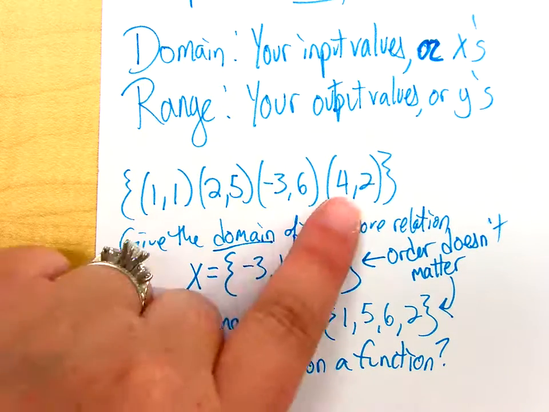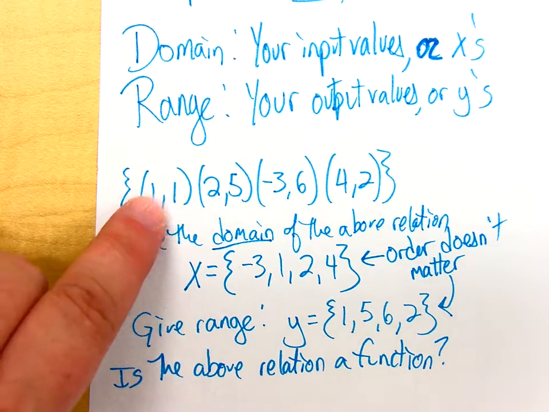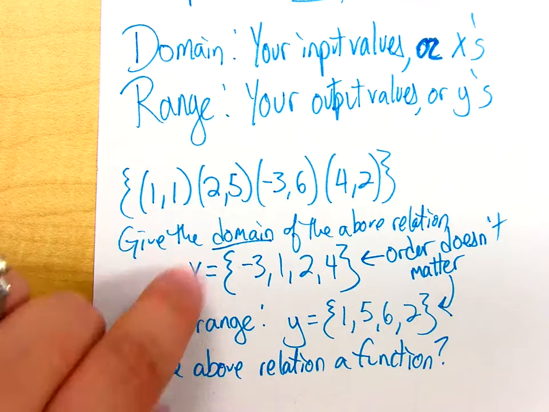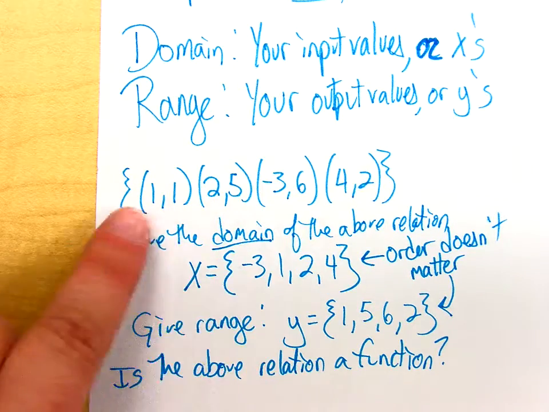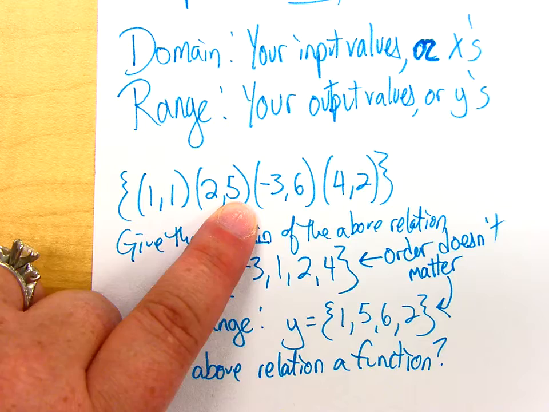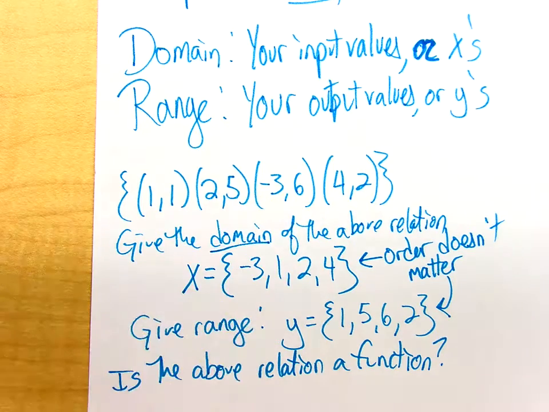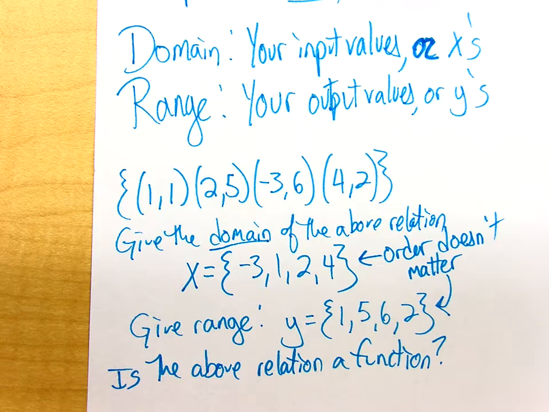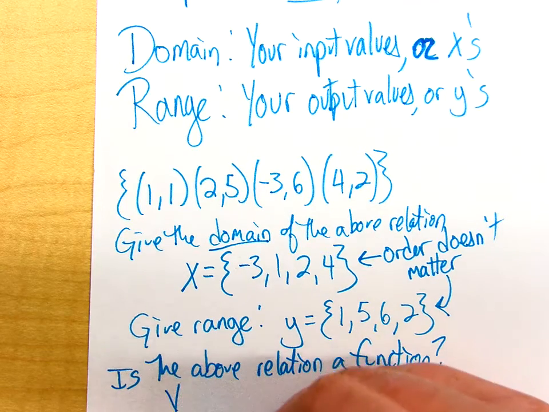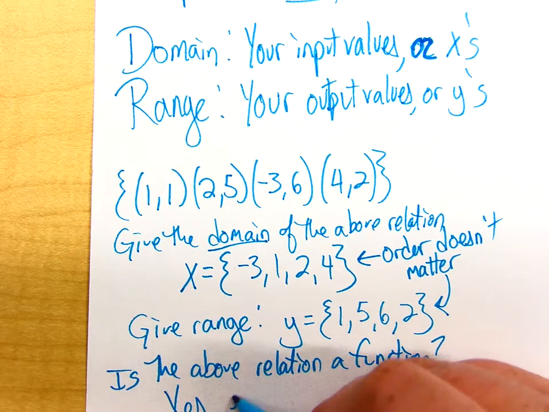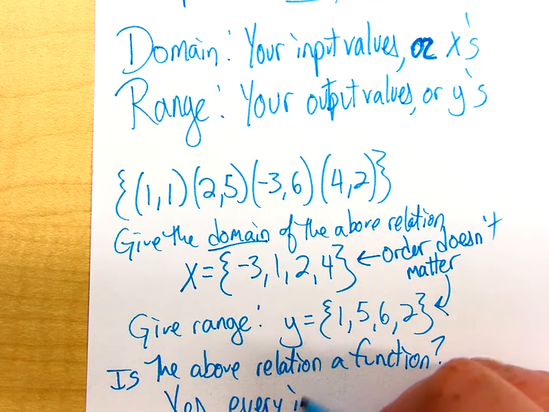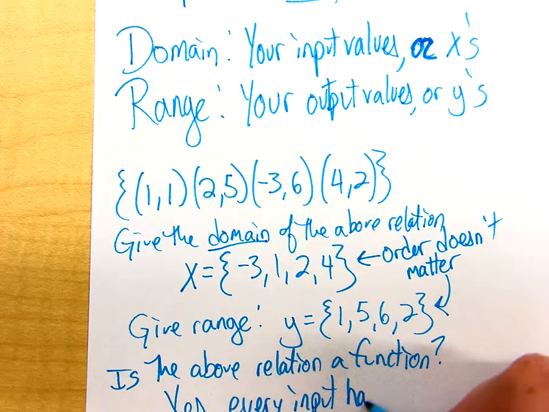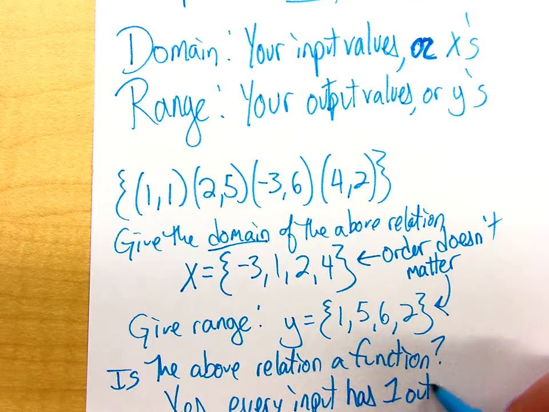I never plugged in 1 again, so when I put in 1, I only got one answer back out. When I plugged in 2, I only got one answer out. I got out 5. When I plugged in -3, I only got one number out. It was 6. When I plugged in 4, I only got one number out. It was 2. So, yes, this is a function. Every input has one output.